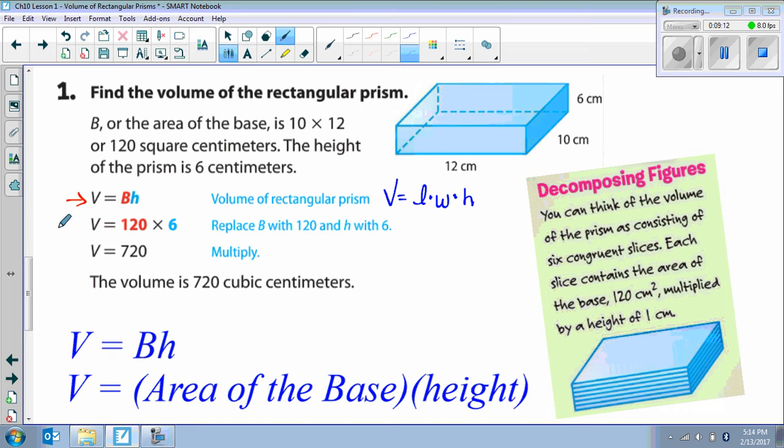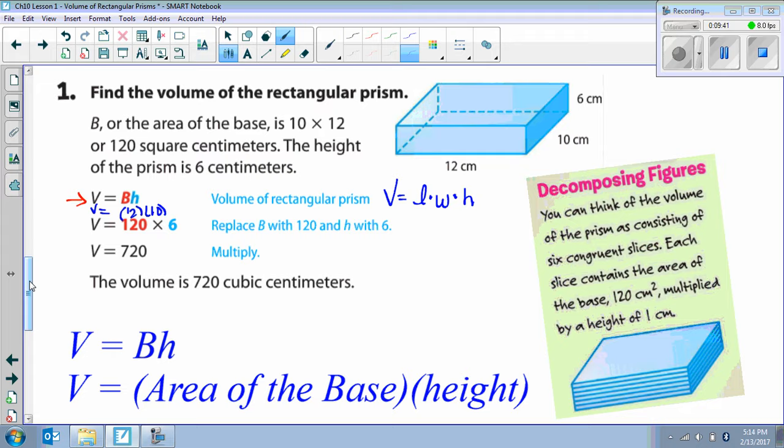So I want you to write volume is equal to the length times the width times the height, and of course we're going to write 12 times 10. And then we're going to multiply times the height. So 12 times 10 is 120, and then you're going to multiply those times 6 to get 720.